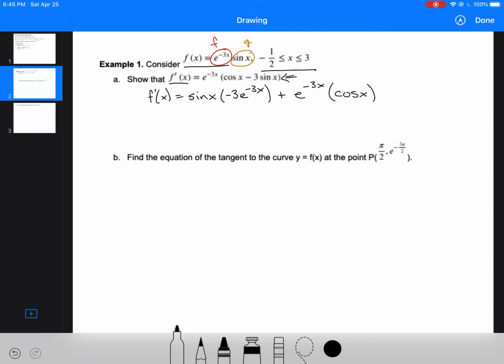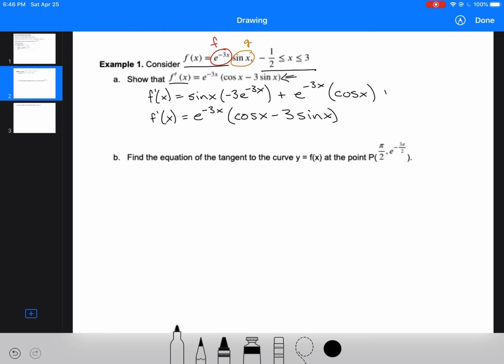Now remember, we're trying to get to this expression right here, so I'm going to factor out e to the minus 3x, and then we're going to end up with cos x minus 3 sine x.